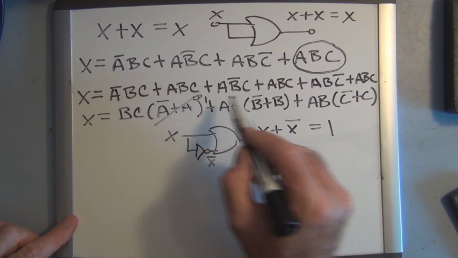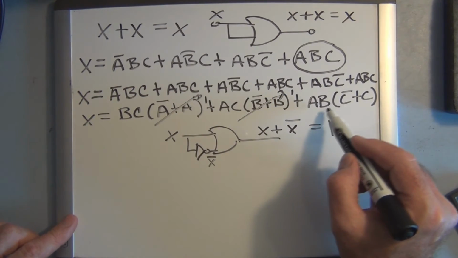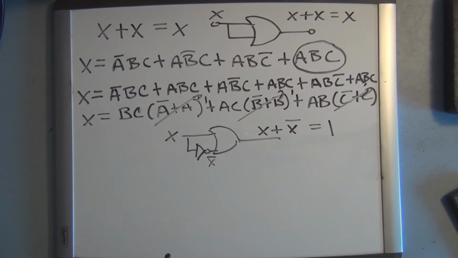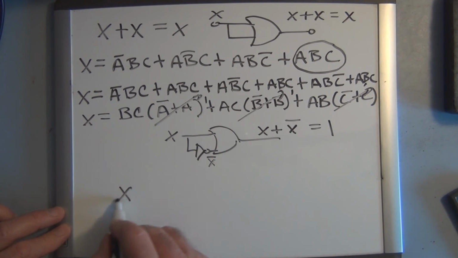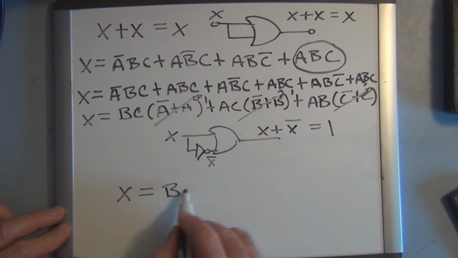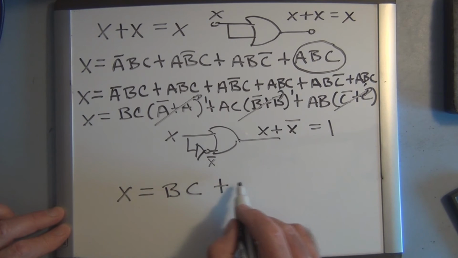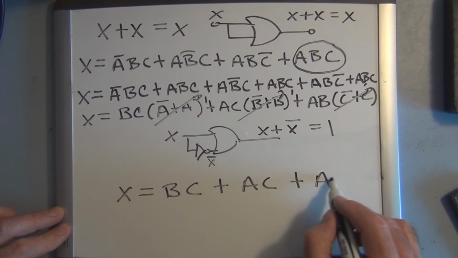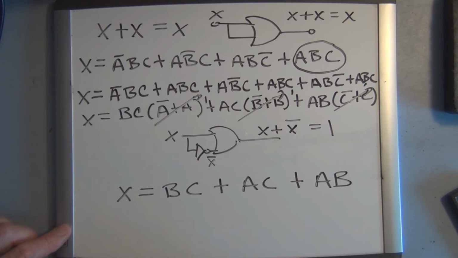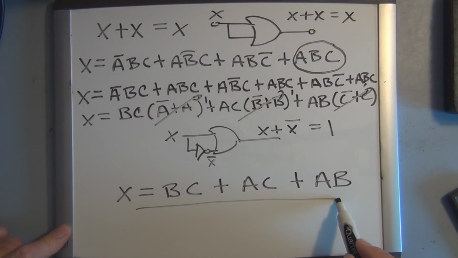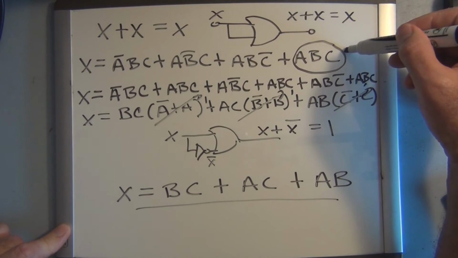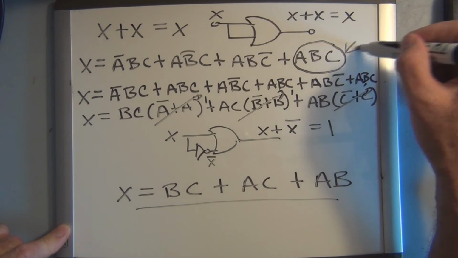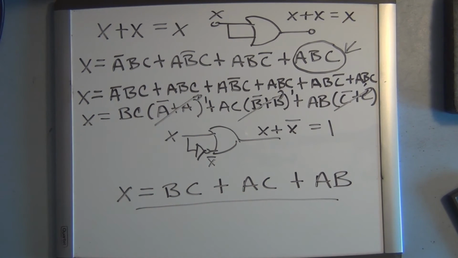This goes to 1, this goes to 1, and this goes to 1. So we end up with X equal to BC, ORed together with AC, ORed together with AB. And this expression here is equivalent to the original expression we derived from the truth table.